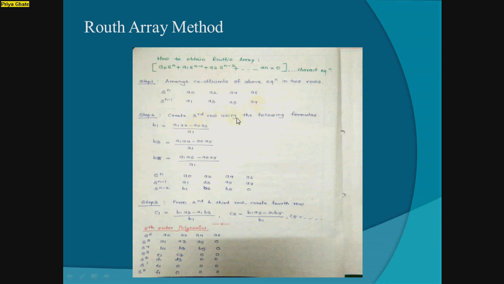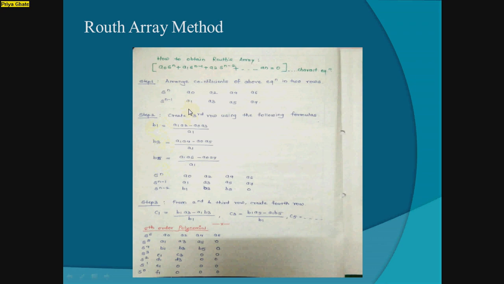Step 2. Create the third row using the following formulas. Now we have to find the terms b1, b3, b5. There is a formula to find b1, b3 and b5.